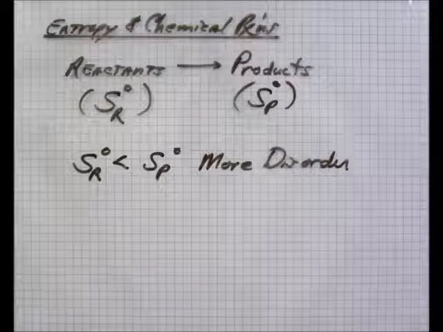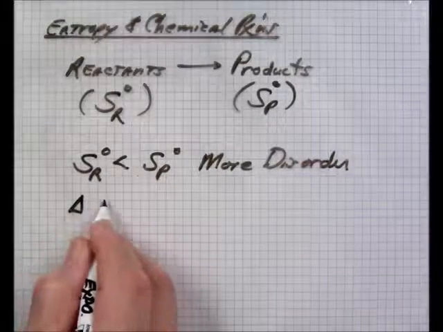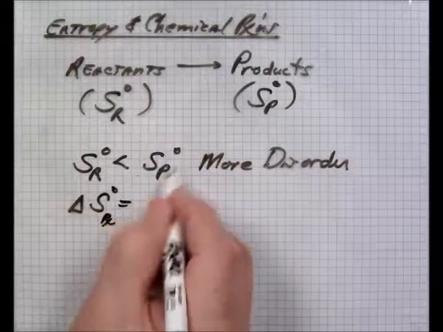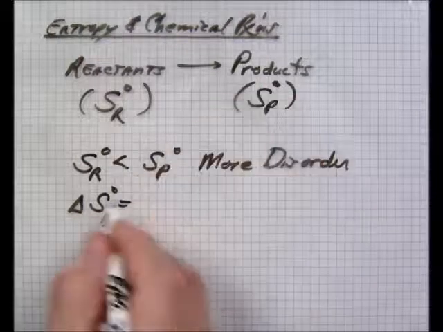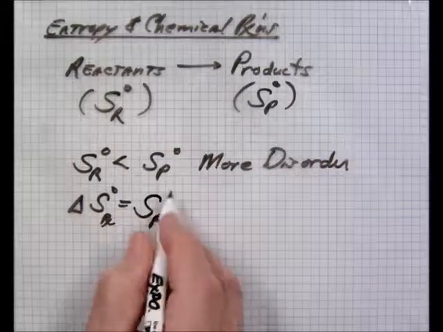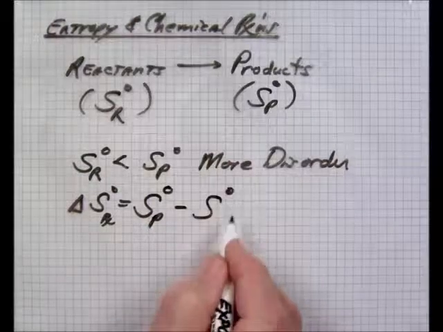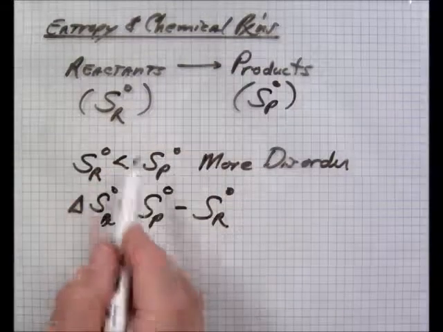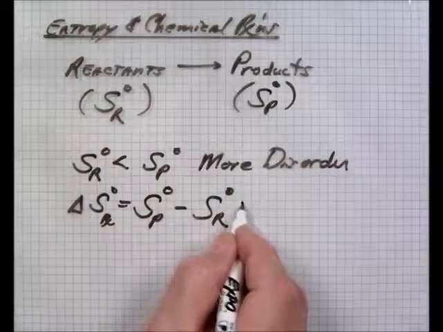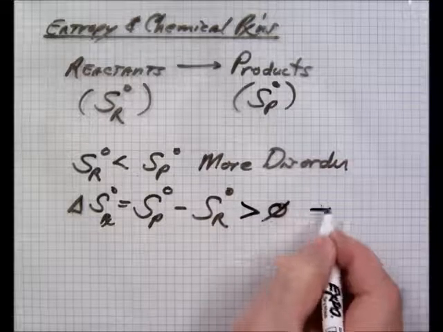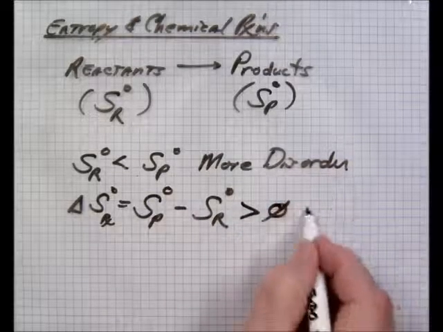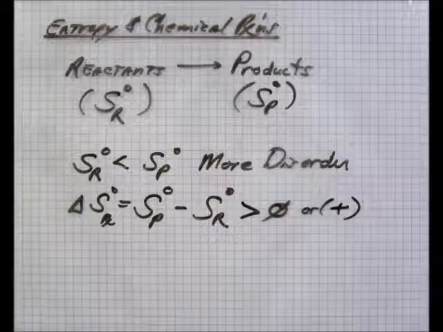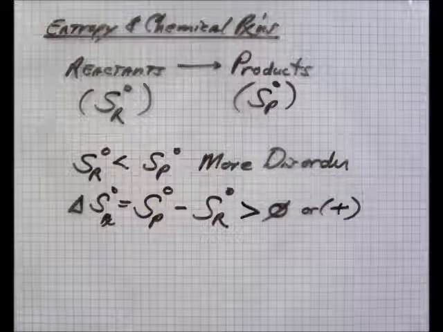And the change in entropy, the standard of the reaction, is whatever the number you figured here for the products minus the entropy of the reactants. And in this case, as it goes to more disorder, this will be greater than zero or positive, meaning that the reaction is moving to a greater degree of disorder.